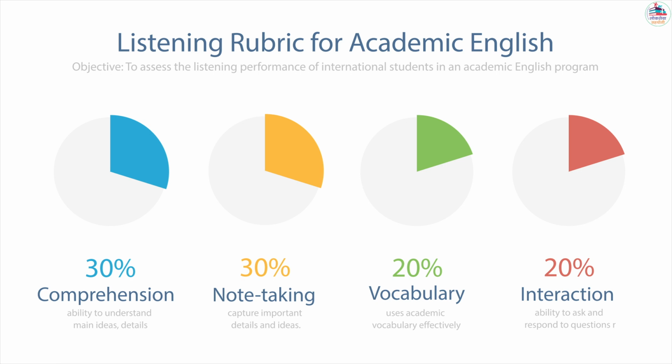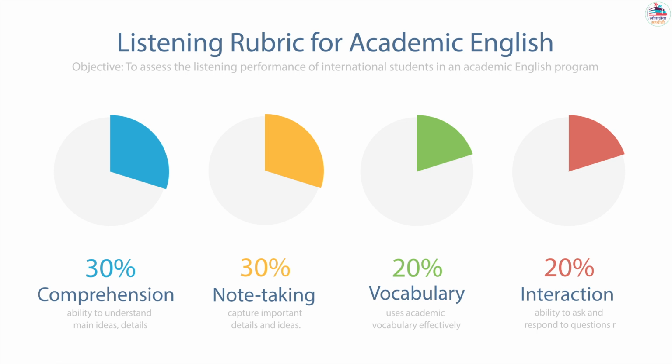Similarly, you can make vocabulary 20 points. During listening, the listener should understand the use of academic vocabulary effectively. If the students are unable to understand the vocabulary, then you can reduce the points to 14, 15, 10 as per student performance.